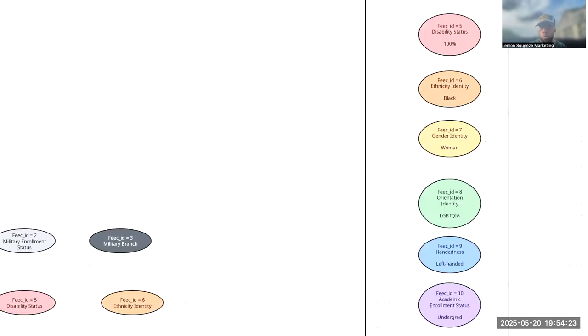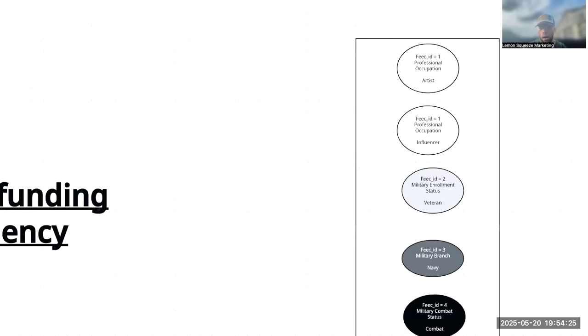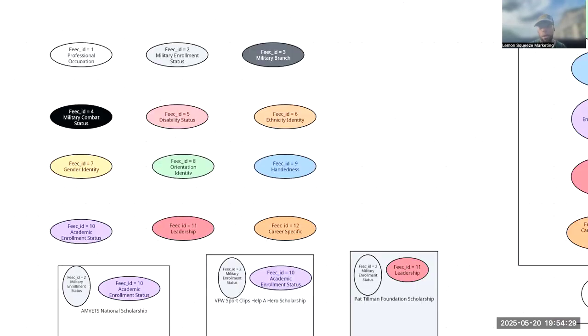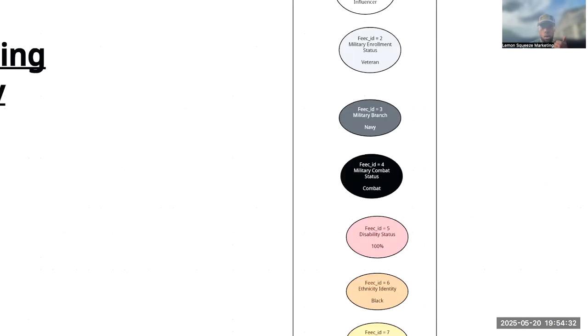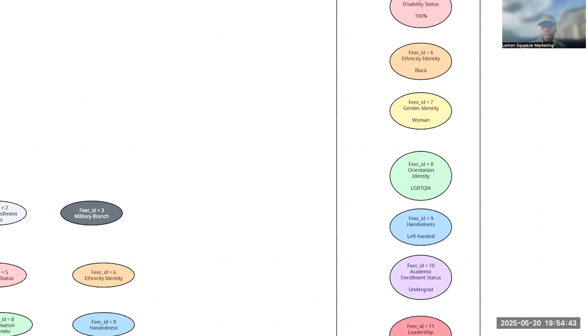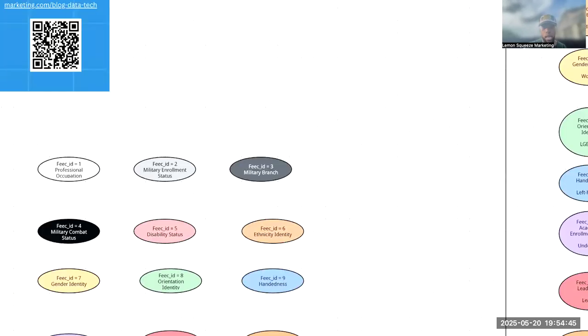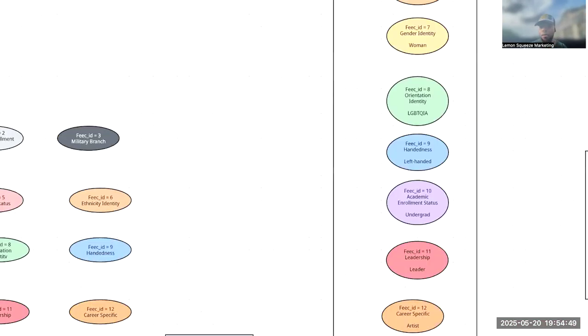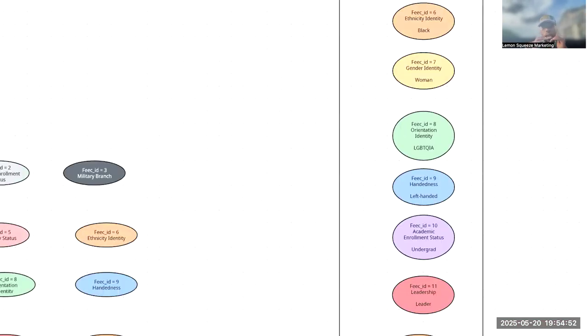So we have our military enrollment status. We know she at least has a category related to that rule, so we'll evaluate whether she qualifies or not. And then also, we have an academic enrollment status. Those are the two categories that our participant needs to have for us to evaluate the values they have to see if they're eligible for that fund.